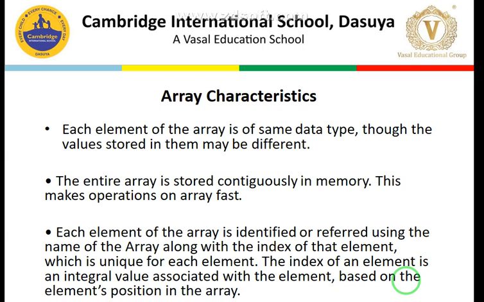Finally, each element of the array is identified or referred using the name of the array along with the index of that very element, which is unique for each element. So index will be unique for each element. The index of an element is an integral value associated with the element based on the element's position in the array.